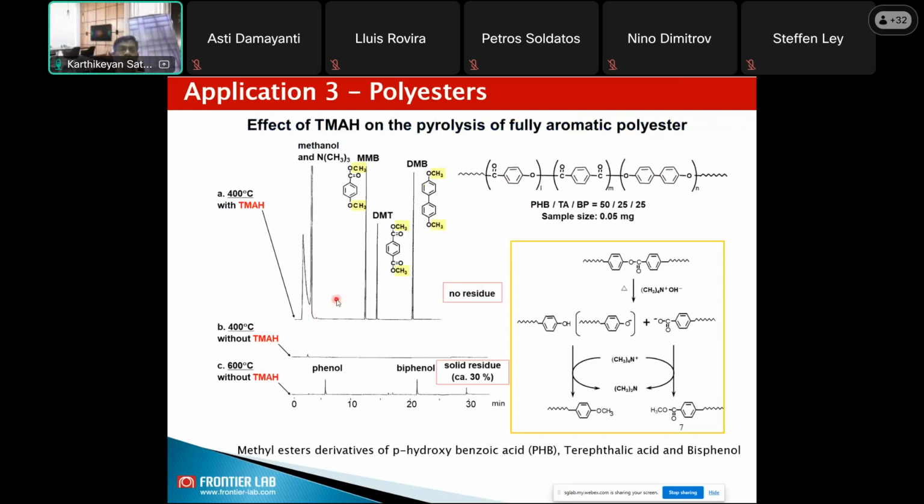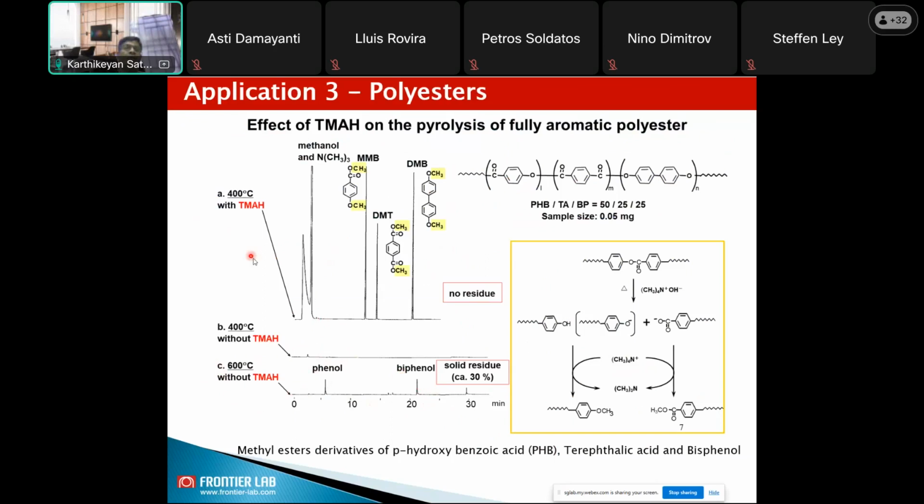Here we show data from 3 different conditions. One is without the methylating agent, TMAH, carried out at the standard 600 degrees, where we can see only 2 peaks, but no peaks for the other compounds.